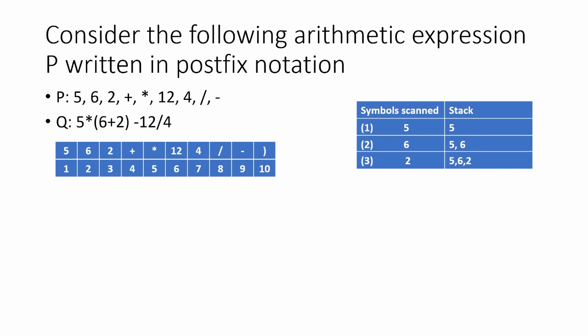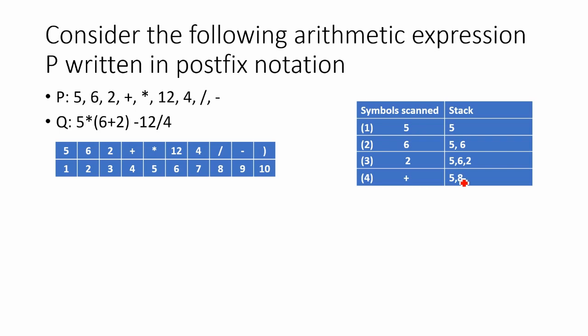When we get a plus operator, we pop two operands from the stack, that is 6 and 2, and they are added. The added result will be 8. That 8 will be pushed onto the stack now. So that is what we have done here.